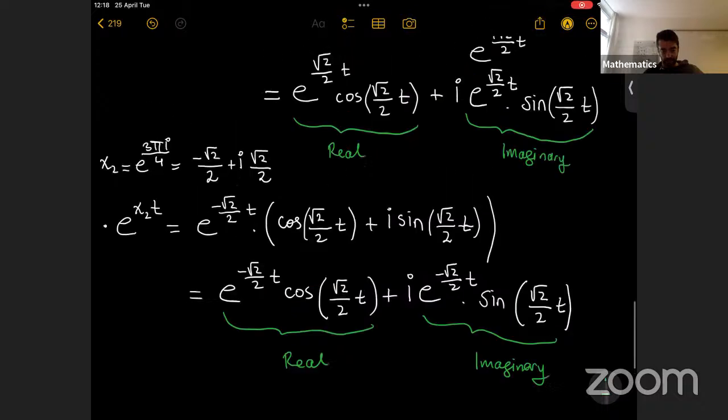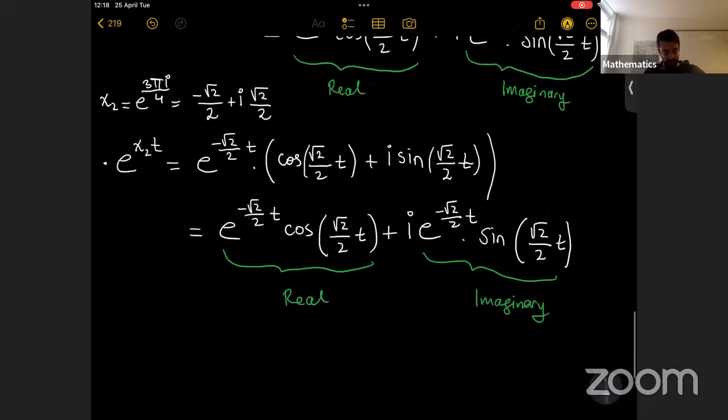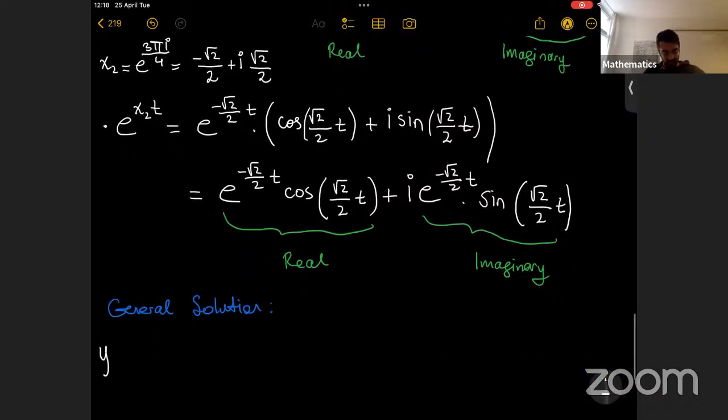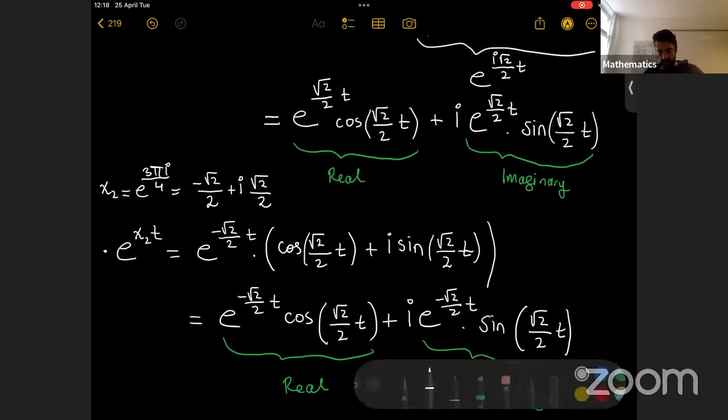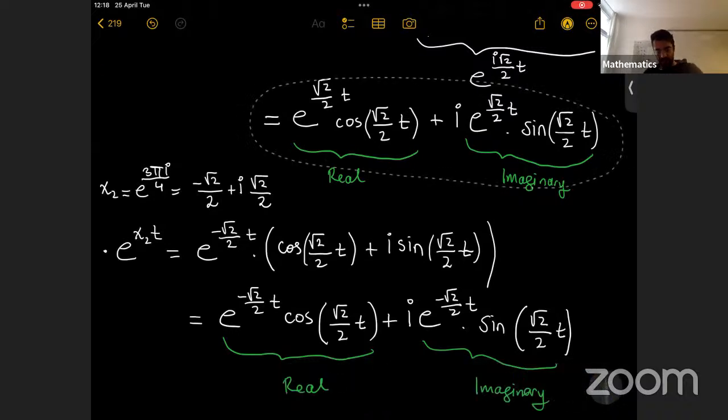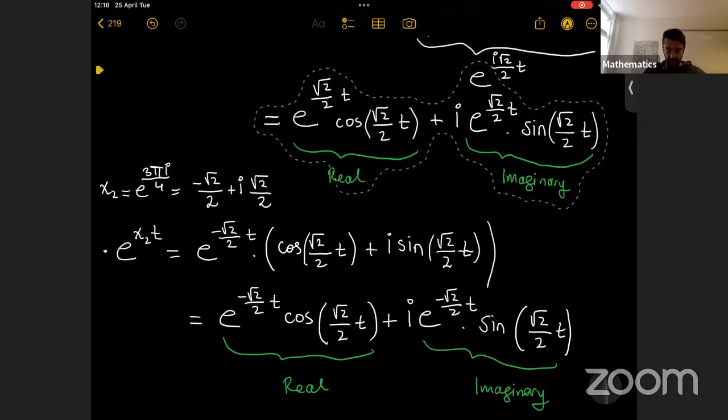So the general solution y of t is, we take this one without i, okay?